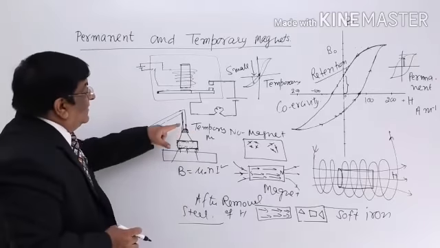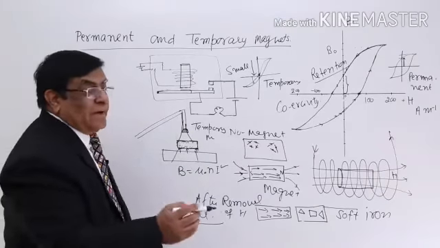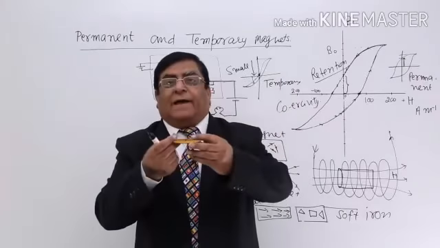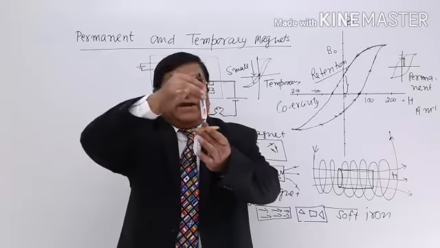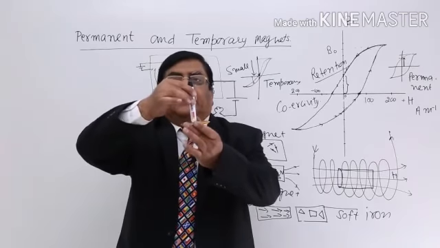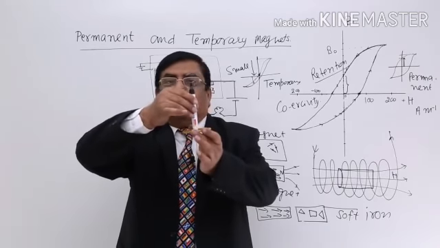Now the crane lifts it up. I take my crane, make it a magnet, and the moment I make it a magnet, the sheet is held up by the magnet.